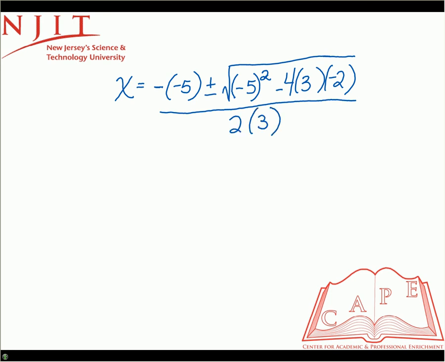Okay, so let's go step by step to do all the math. So x equals minus minus 5, which is the same thing as positive 5, so I'm just going to write this as positive 5 plus or minus, let's write the square root over again, negative 5 squared, which is positive 25. Okay, and now we have a negative 4 times 3, which is a negative 12. Negative 12 times a negative 2 is positive 24.